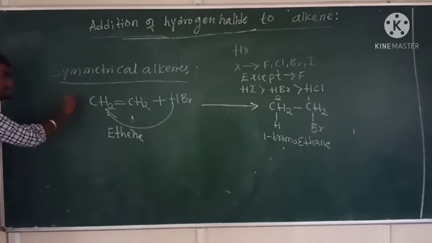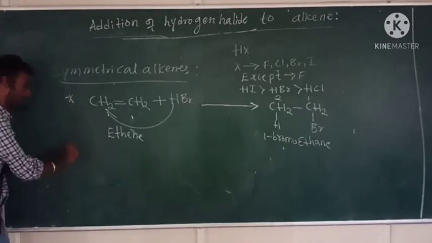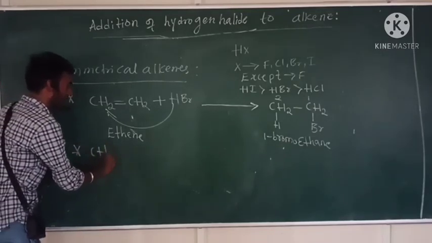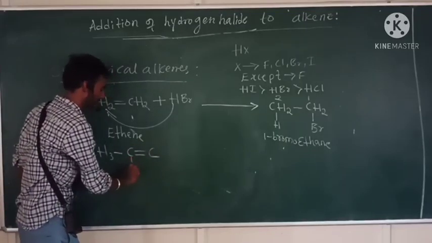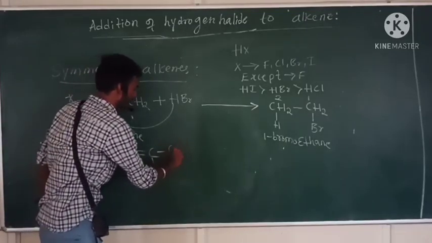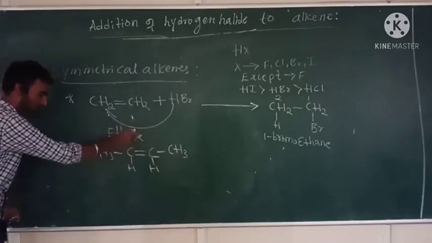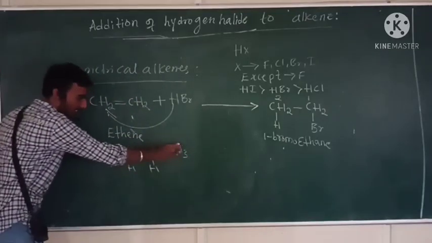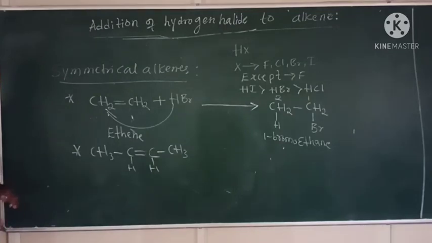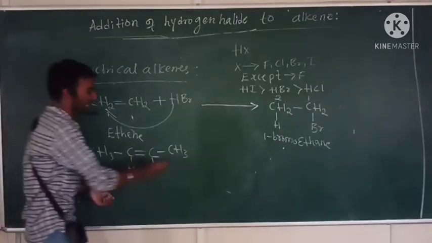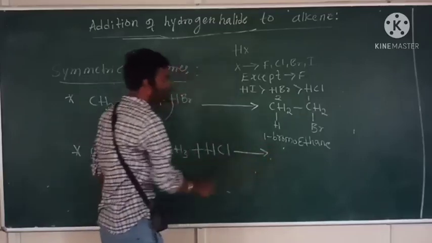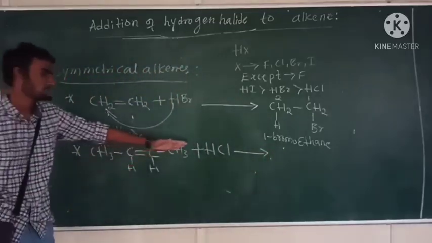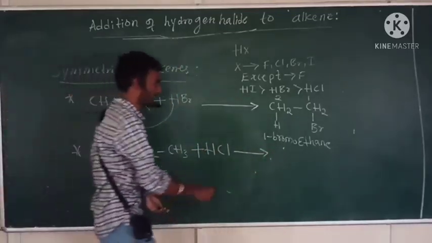Take another example. CH3-CH=CH-CH3. It is also a symmetrical alkene, because when cut, both parts are similar. Therefore it is called a symmetrical alkene. It reacts with HCl, which is also a hydrogen halide, hydrogen chloride.